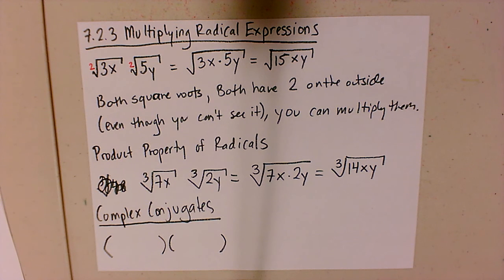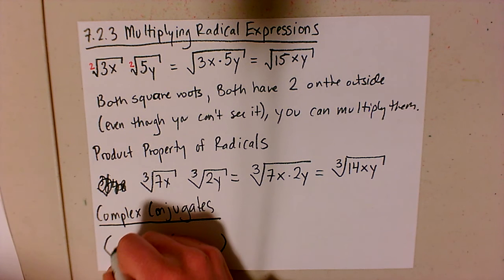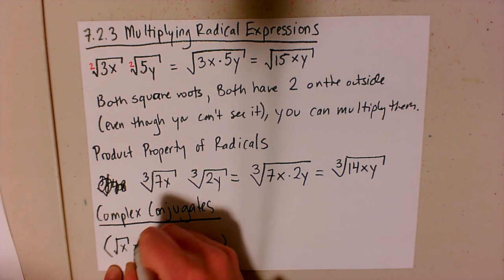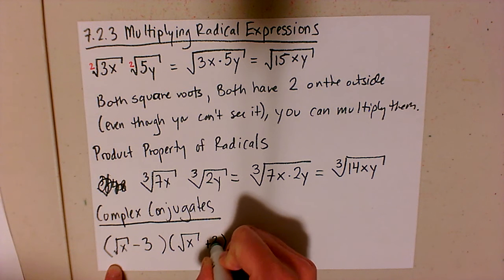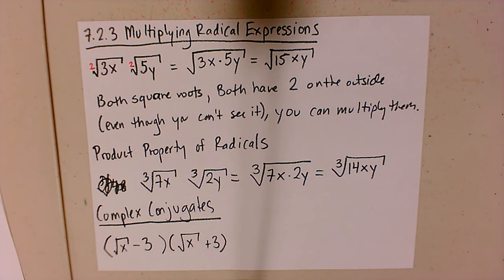The example on your handout is root x minus 3 times root x plus 3. These are complex conjugates because they are the exact same thing inside those parentheses: both have a root x and both have a 3. The only thing that's different between them is the sign. One has a negative and one has a positive.